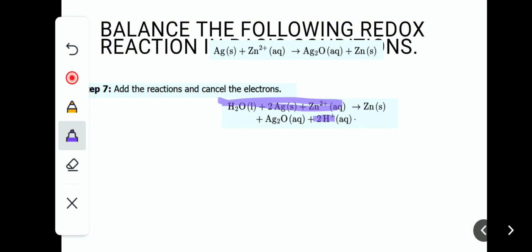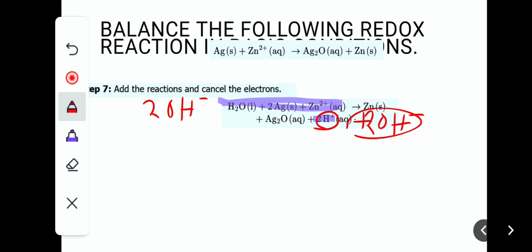So we want to cancel out the hydrogen protons by adding OH. How many hydrogen protons are there? There are 2 hydrogen protons, so I'm going to put 2 OH. If I add 2 OH here, I must also add 2 OH here. Once I do that, the 2H plus 2OH are going to combine together to make water, H2O.